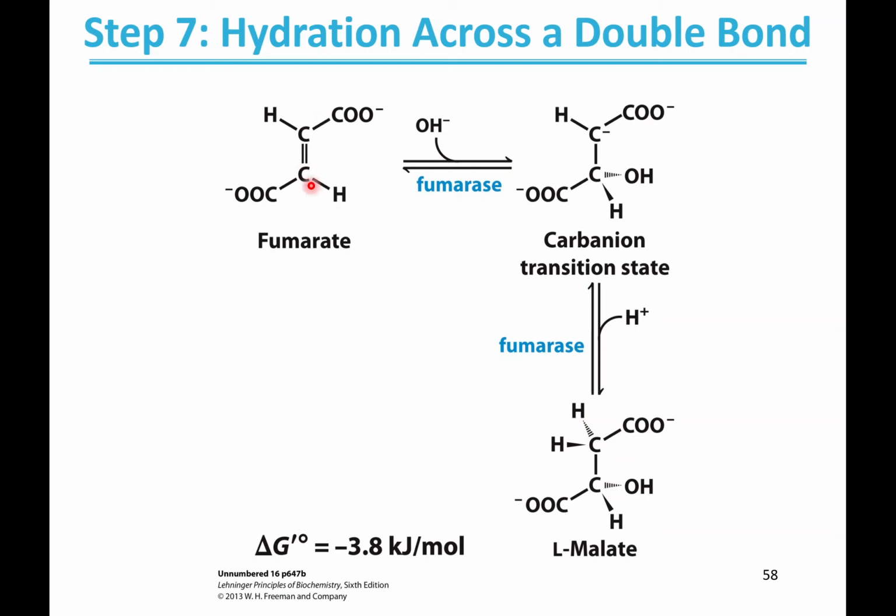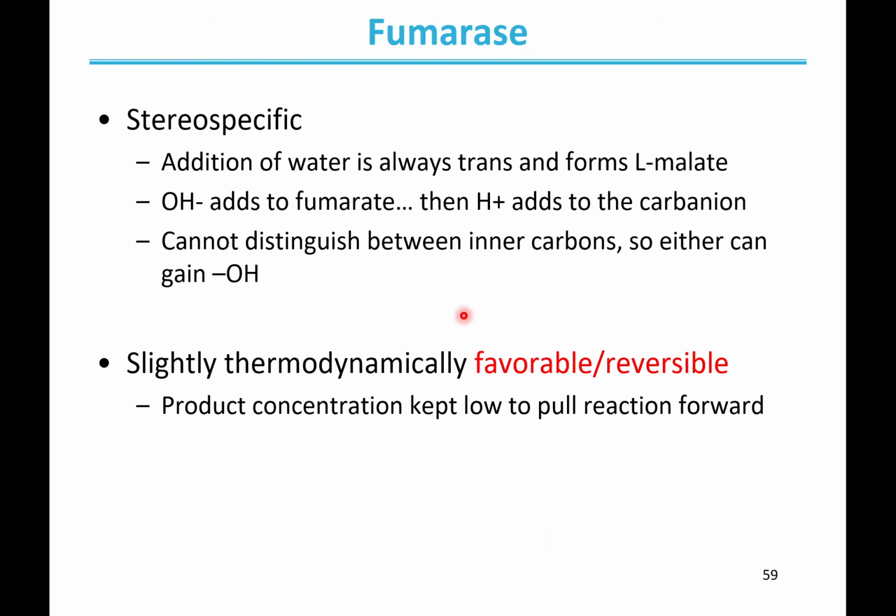And that's where you lose the ability to say which carbon is which, or where it came from exactly in succinate. Okay. This is slightly favorable and reversible, and again, product concentrations kept low to pull the reaction forward.